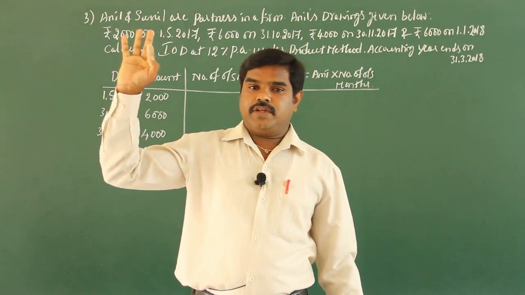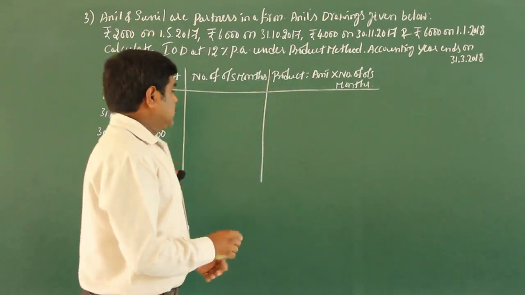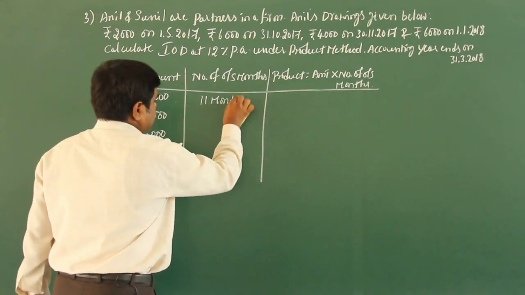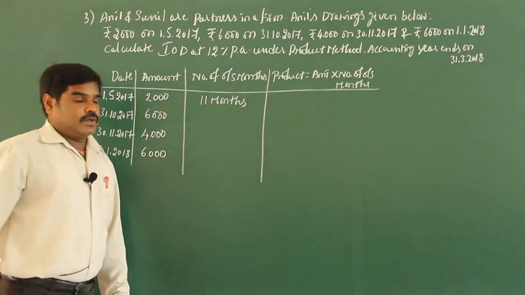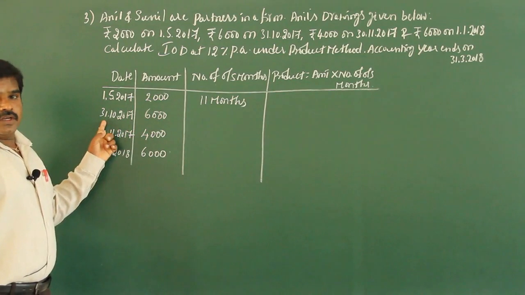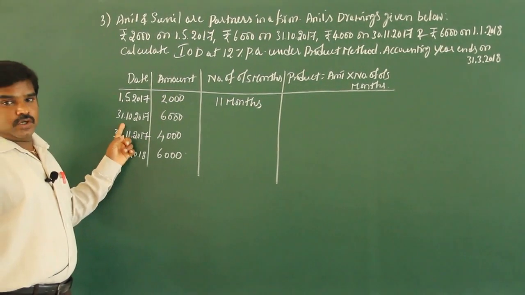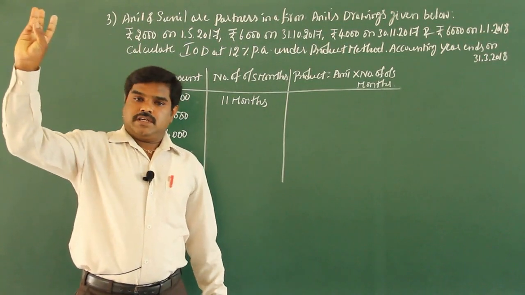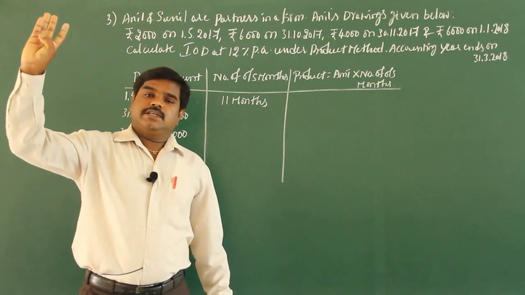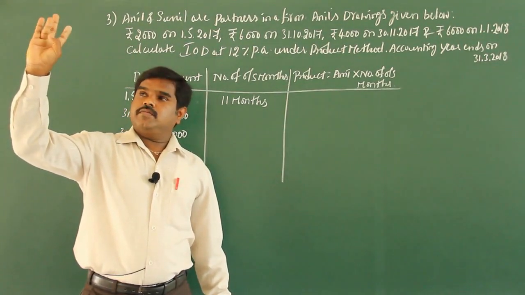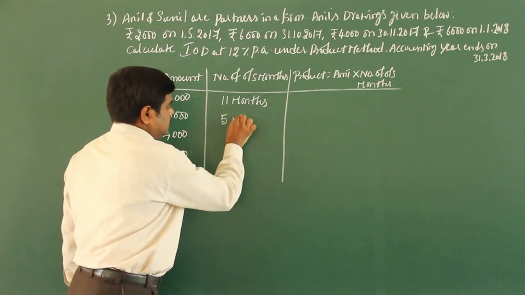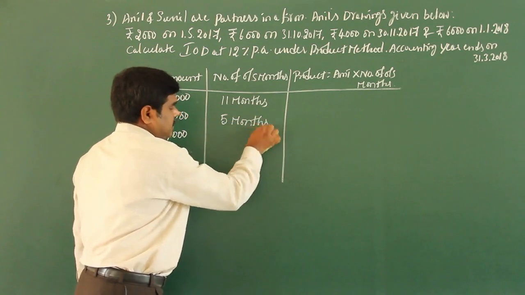So the outstanding period will be 11 months. Go to the next one, 31/10, that is October end. Exclude that month and take it from November, December, January, February, March. So the outstanding period will be 5 months.